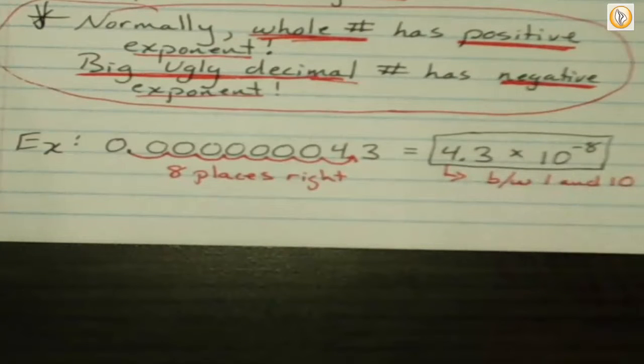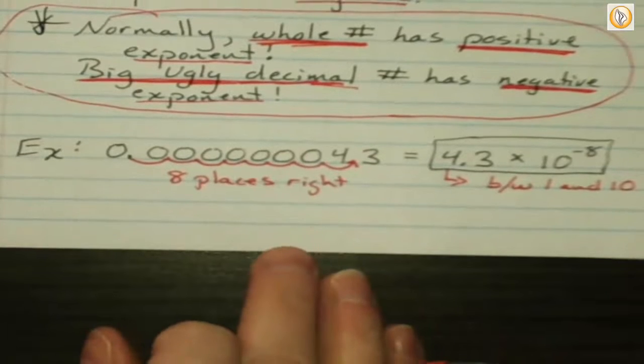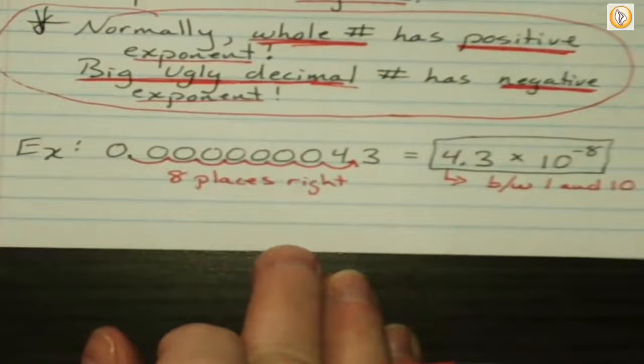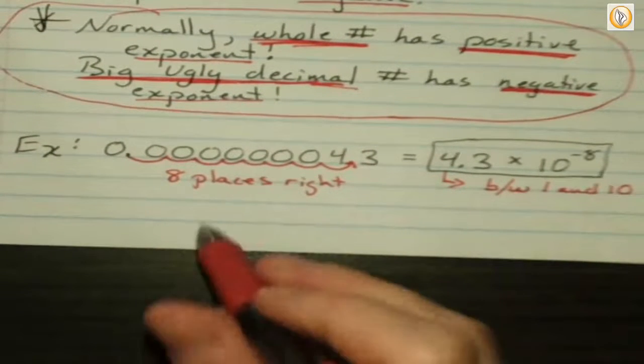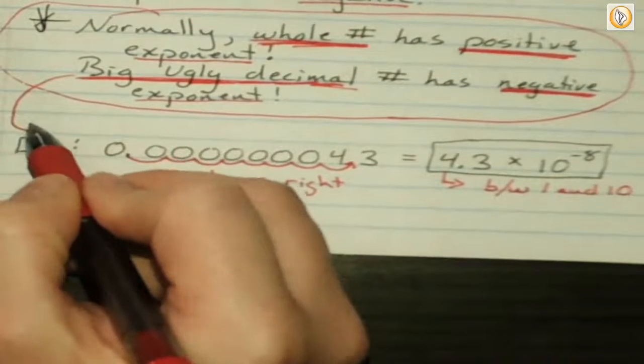In scientific notation, it is okay. Do we always have the 10? It's always going to be 10. Okay. Any questions? That is big ugly.